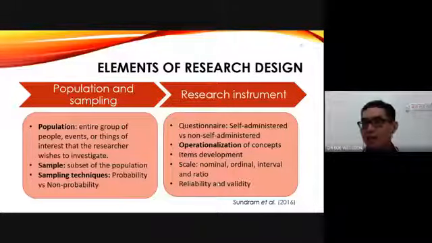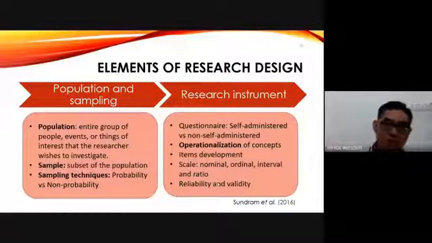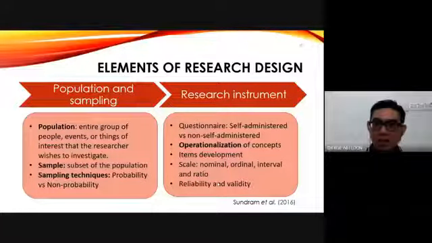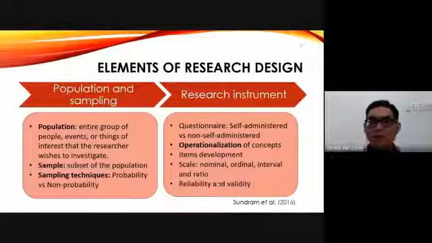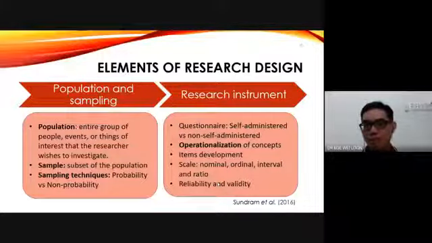So make sure that they tally. Examiners will do that. They will check your questions in your questionnaire, and then they will refer back to your operational definitions. Do they tally? So avoid defining it as one thing, and then in the questionnaire you ask another thing. You have to avoid that.